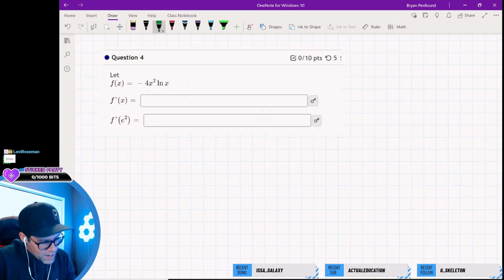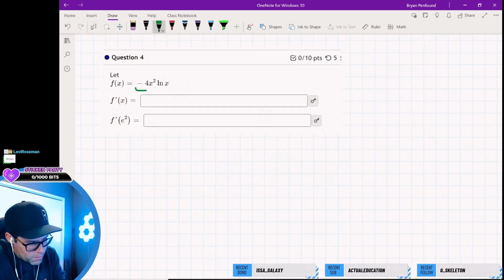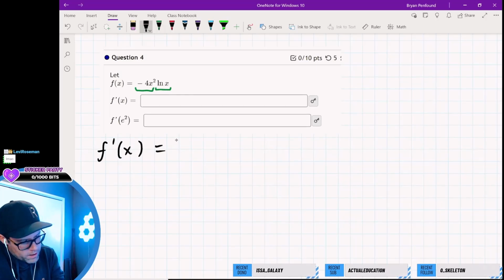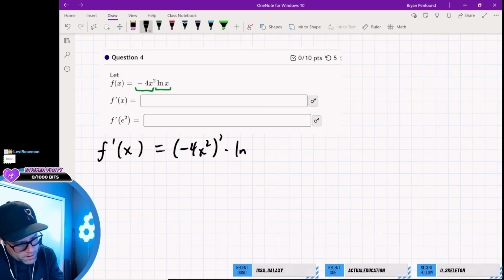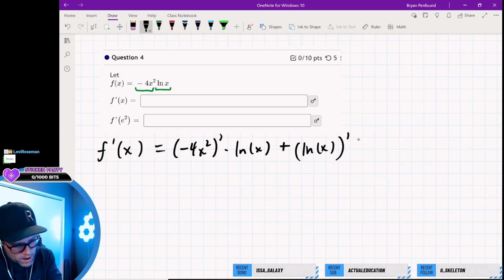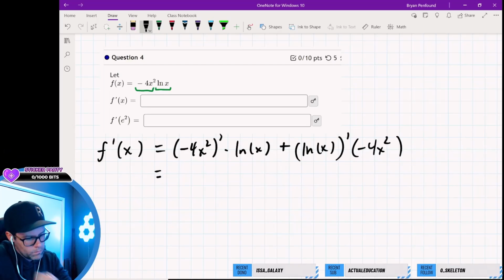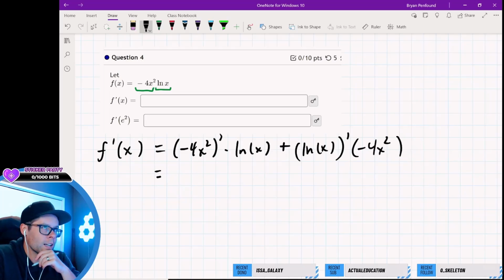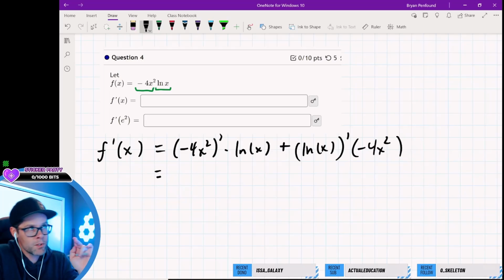Wow, we have a lot of product rules here. So this is another product rule, isn't it? So f prime of x is going to be the derivative of the first times the second plus the derivative of the second times the first. For negative 4x squared, so negative 4 times 2 is negative 8.